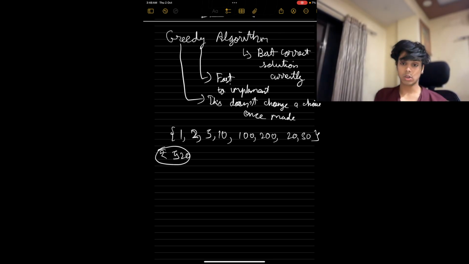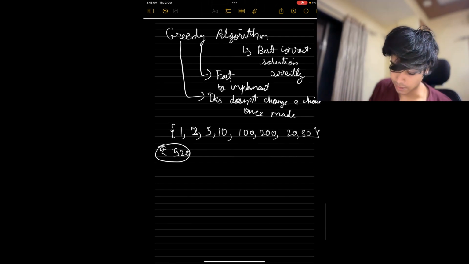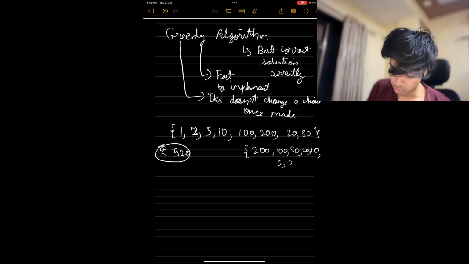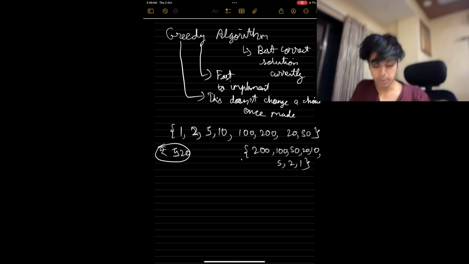If we use greedy algorithm, I'll tell you the solution. We'll sort it in descending order: 200, 100, 50, 20, 10, 5, 2, 1. Then I'll check if the highest rupee note can be used here.